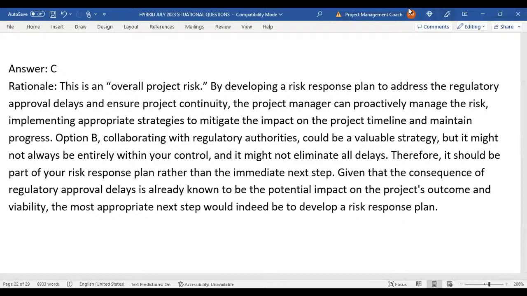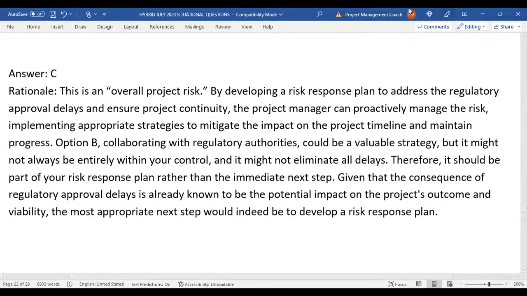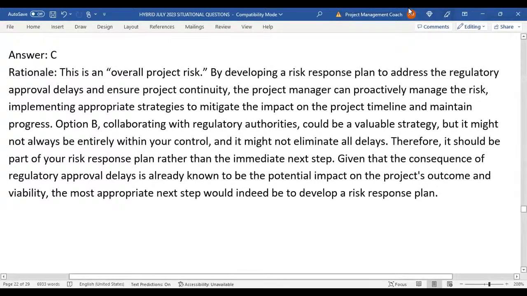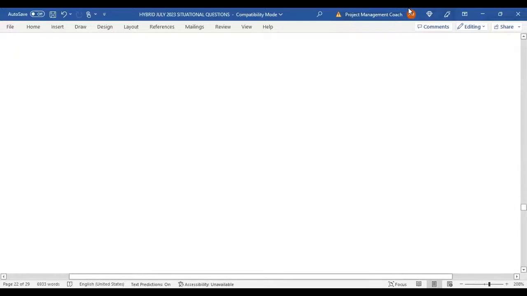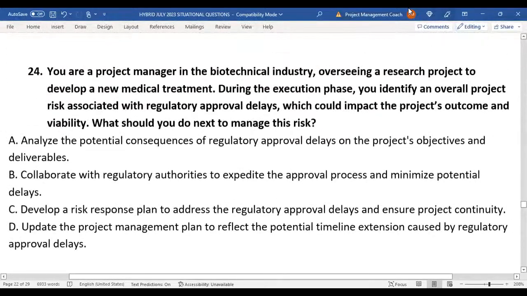Therefore, it should be part of your risk response plan rather than the immediate next step, given that the consequence of regulatory approval is already known to be the potential impact on the project's outcome and viability. The most appropriate next step would indeed be to develop a risk response plan.